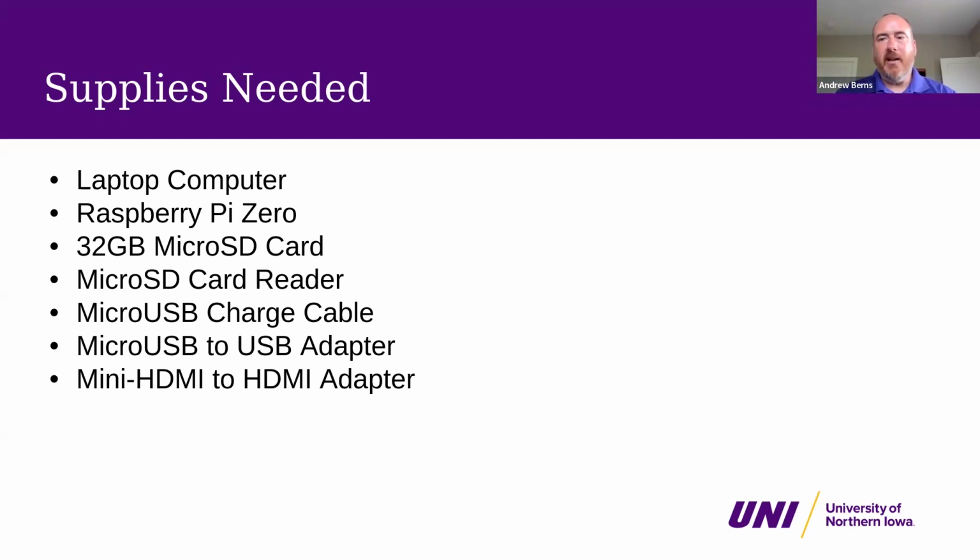A micro SD card, 32 gigs or larger, the reader, the charge cable, and then a couple of adapters to be able to use the Raspberry Pi Zero. Because it is small form factor, instead of a full HDMI output, it has micro or mini HDMI. It doesn't have a normal USB size output because it's meant to be a small form factor.